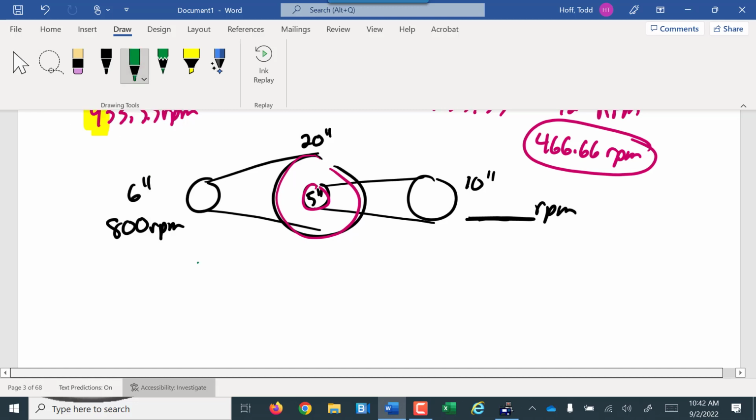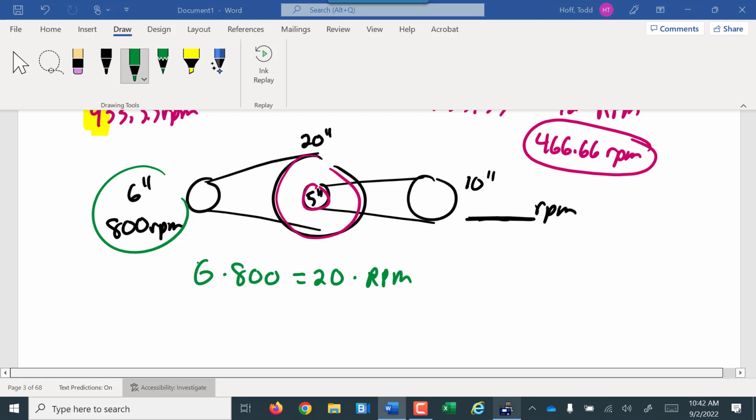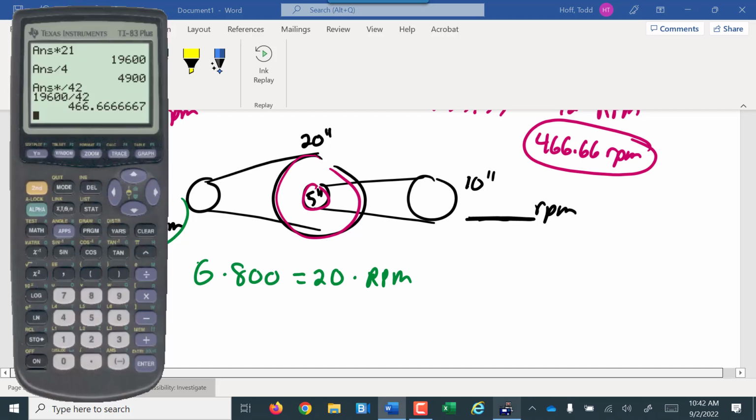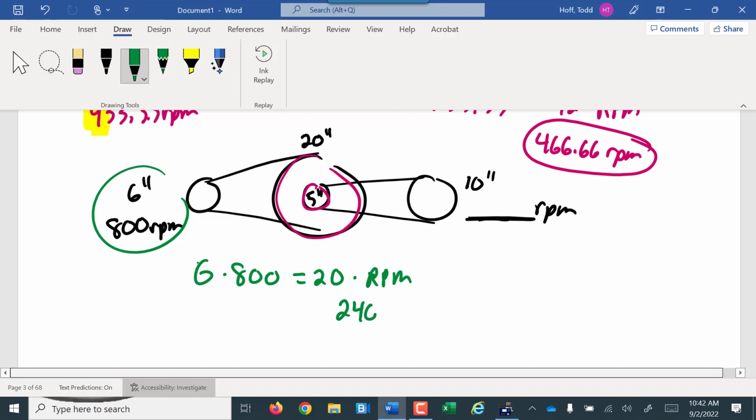So we start out, tell me what to start out with here. 6 times 800 equals? So 20 times whatever that RPM is, yep. So yeah, 6 times 800 divided by 20. Perfect. So 240 is the intermediate RPM here.